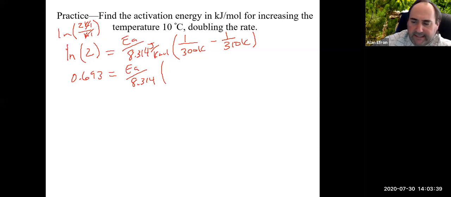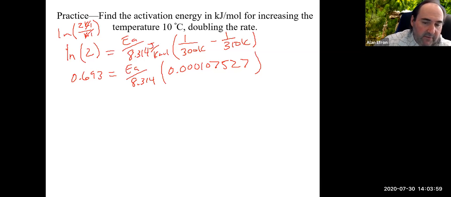If we clean up what's in the parentheses there, 1 divided by 300 minus 1 divided by 310, it's going to get us something like 0.000107527. Don't feel like rounding. And at this point, we're going to do the same thing. We're going to take the 8.314 to the other side. We're then going to divide by that guy to the other side.